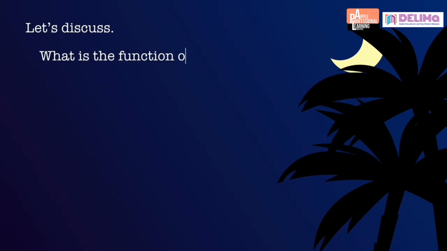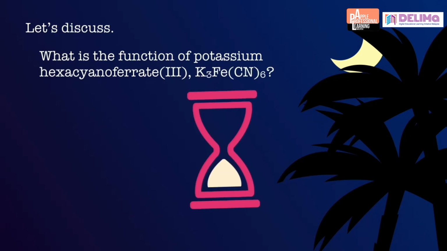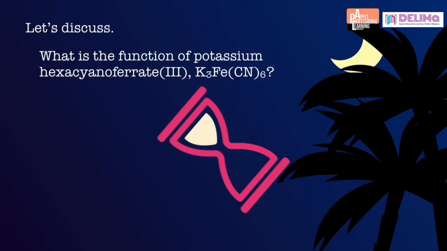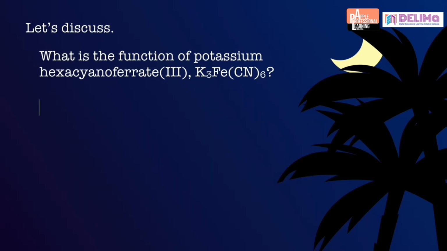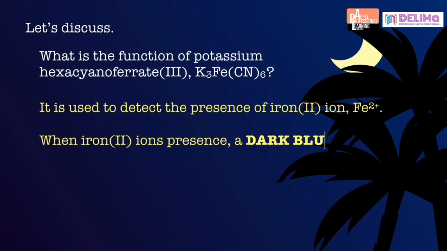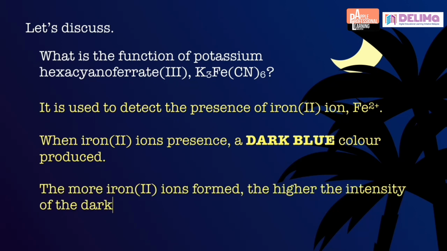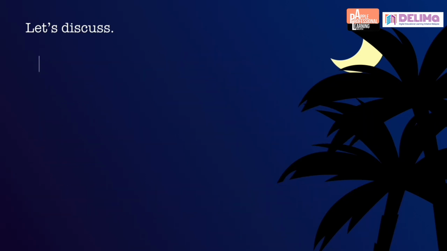What is the function of potassium hexacyanoferrate(III)? It is used to detect the presence of iron(II) ions. When iron(II) ions are present, a dark blue color is produced. The more iron(II) ions form, the higher the intensity of the dark blue color produced.